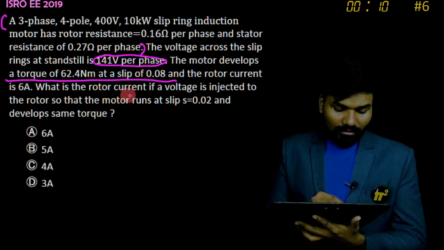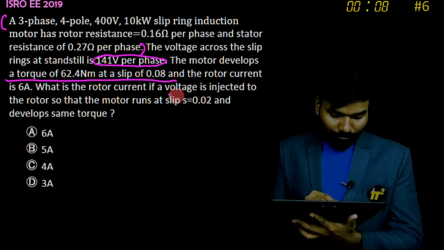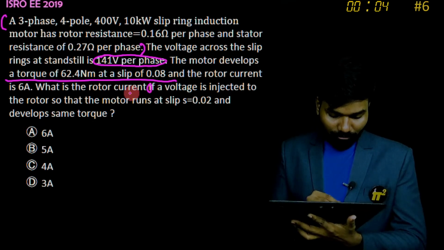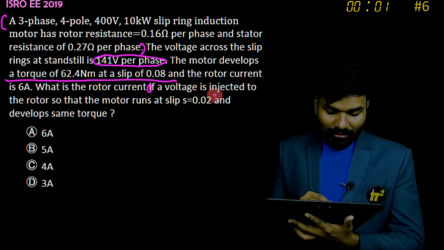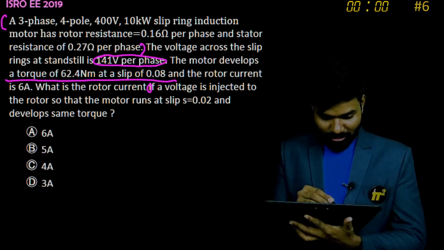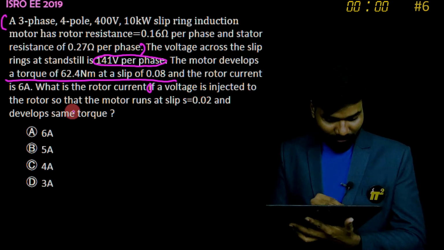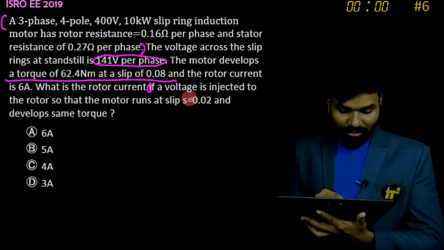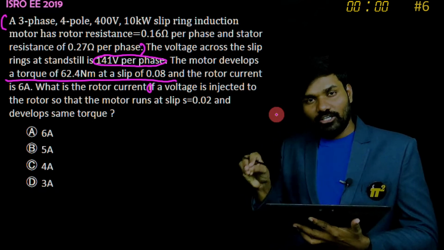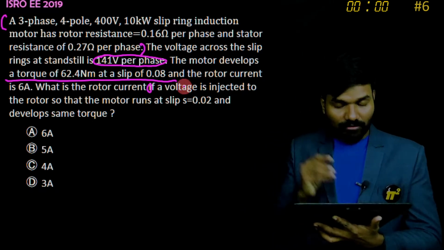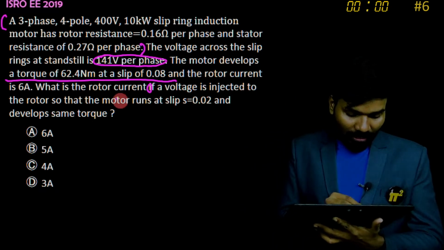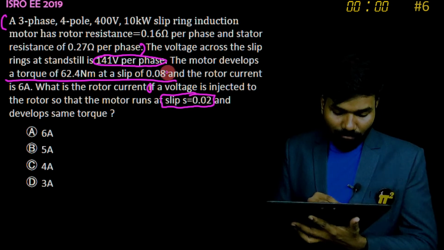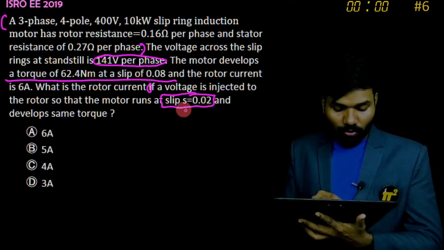What is the rotor current if a voltage is injected into the rotor? It says you are injecting something into the rotor, the EMF injection method, and by that method the slip goes from 0.08 to 0.02.